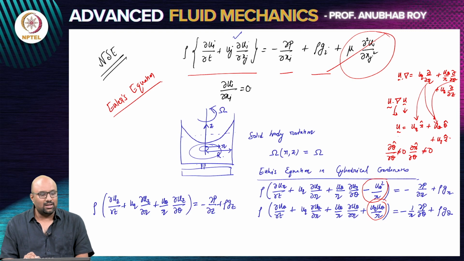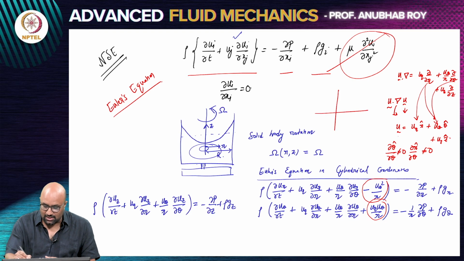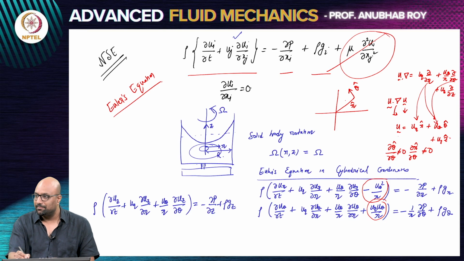The unit vectors in curvilinear coordinate system, they are unit. They have unit length, which means their magnitude doesn't change, but their direction can change. So when you think of a 2D polar coordinate system, if you draw your unit vector r cap and your unit vector theta cap, as you are at different values of theta, your r cap and theta cap are changing. So at another point, you will have this as your r cap and theta cap.